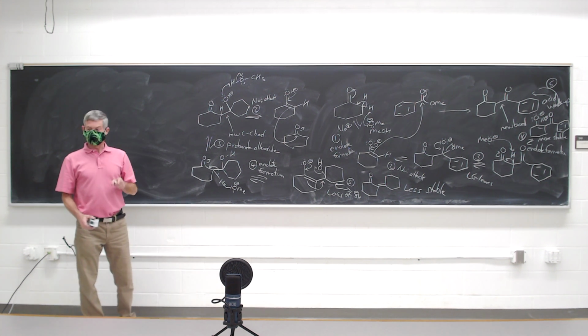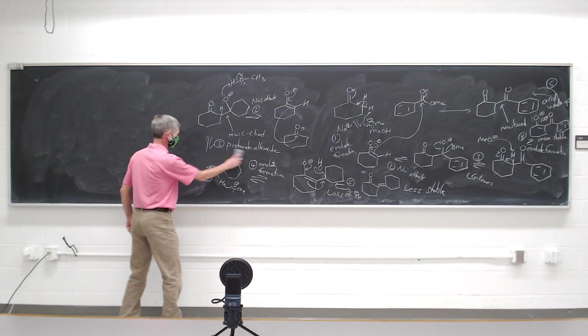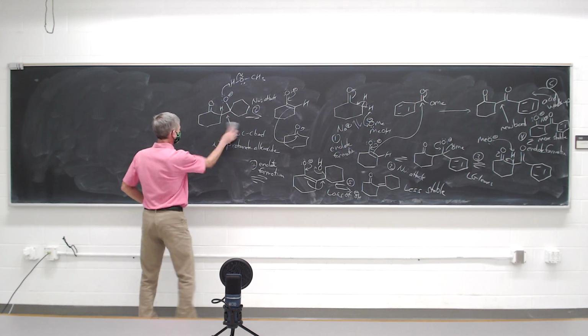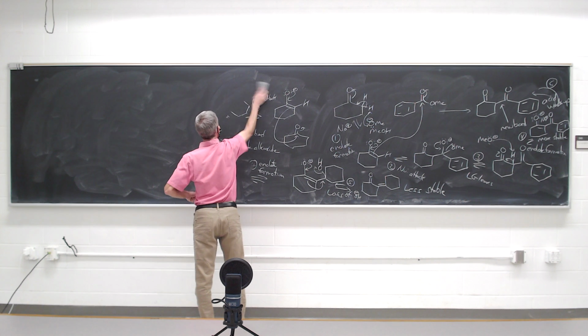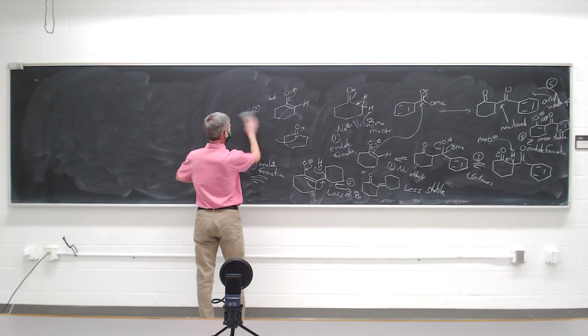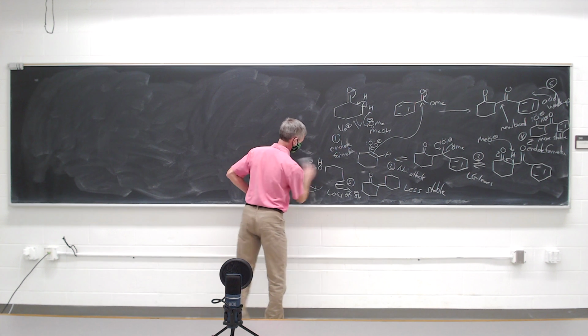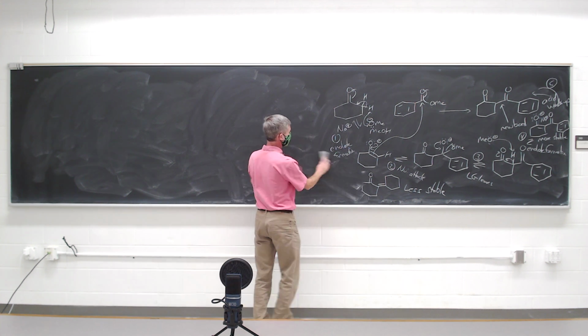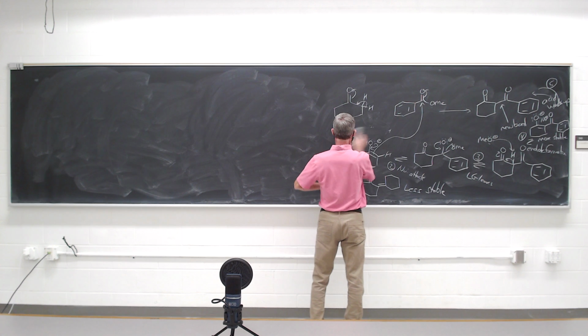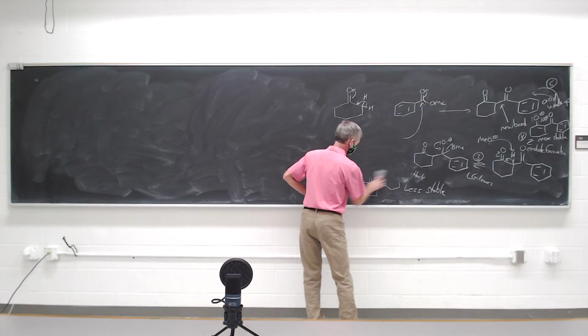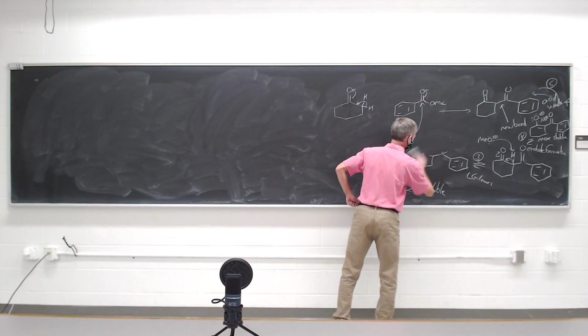So that's one thing, right? One way to make a cross-Claisen work is to use the ketone as the donor and the ester as the acceptor. And then the product's different. It's not even a ketoester. You'll notice that in this reaction, I also did another thing that makes cross-Claisens work.